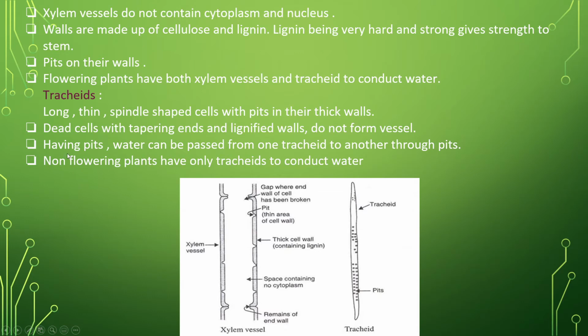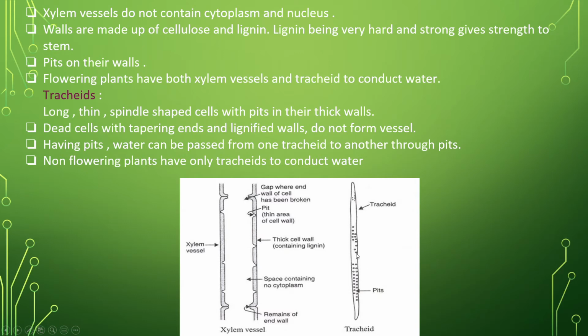You can see I have also written that these have pits, dead cells with tapering ends. That means these are also dead cells having no nucleus or cytoplasm, and the ends are closed. But having closed ends, they also help in conducting water. So how do they conduct water?